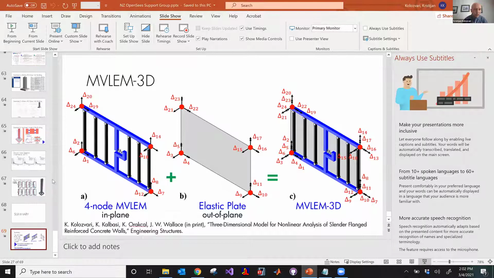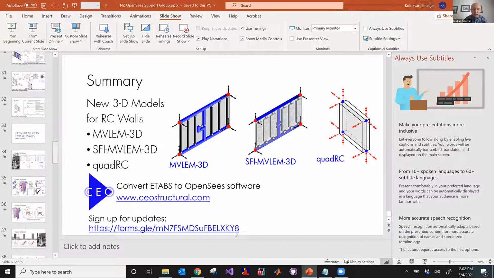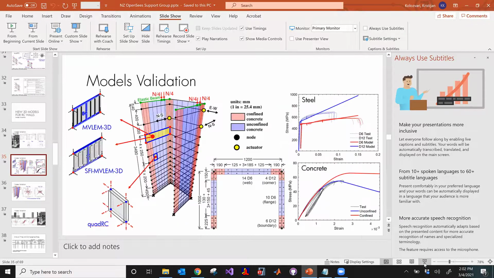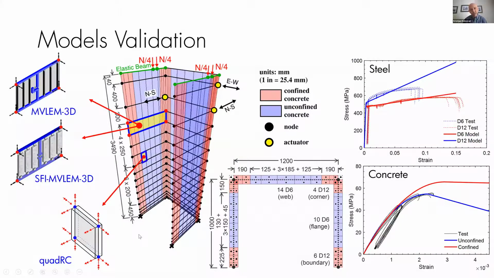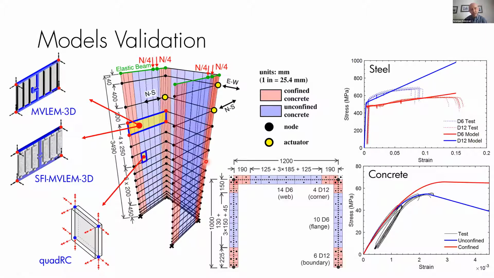So let me try to go back to this slide over here. Here we kind of overdid it in a way, in that we matched the size of the elements with the measurements in these tests. If I'm supposed to model the actual building, I probably wouldn't use these small elements.